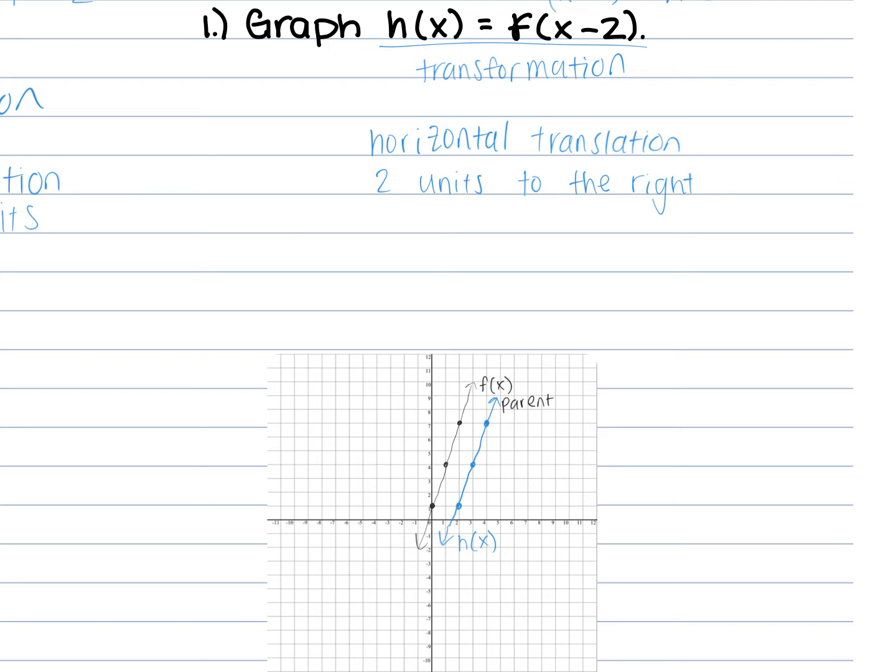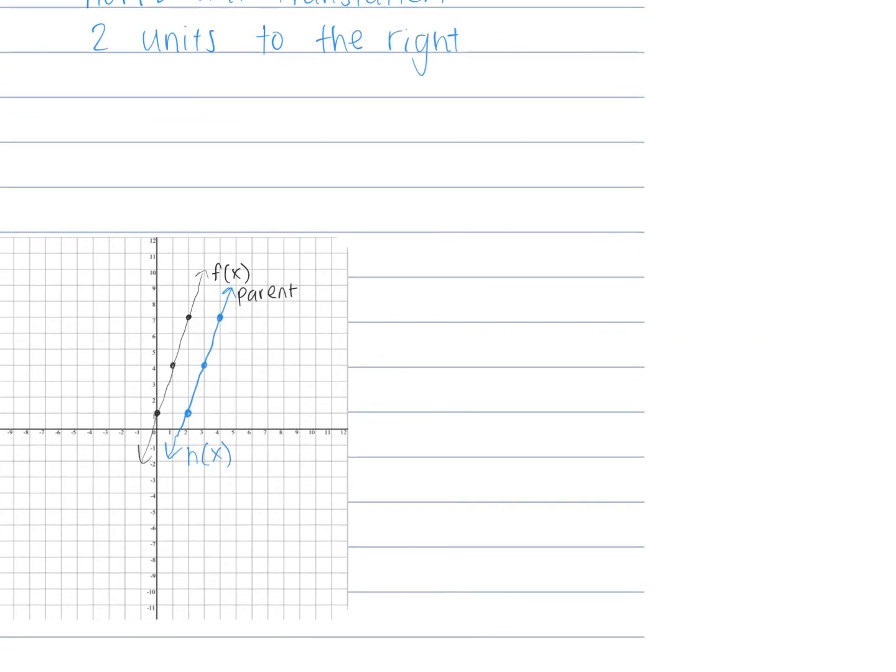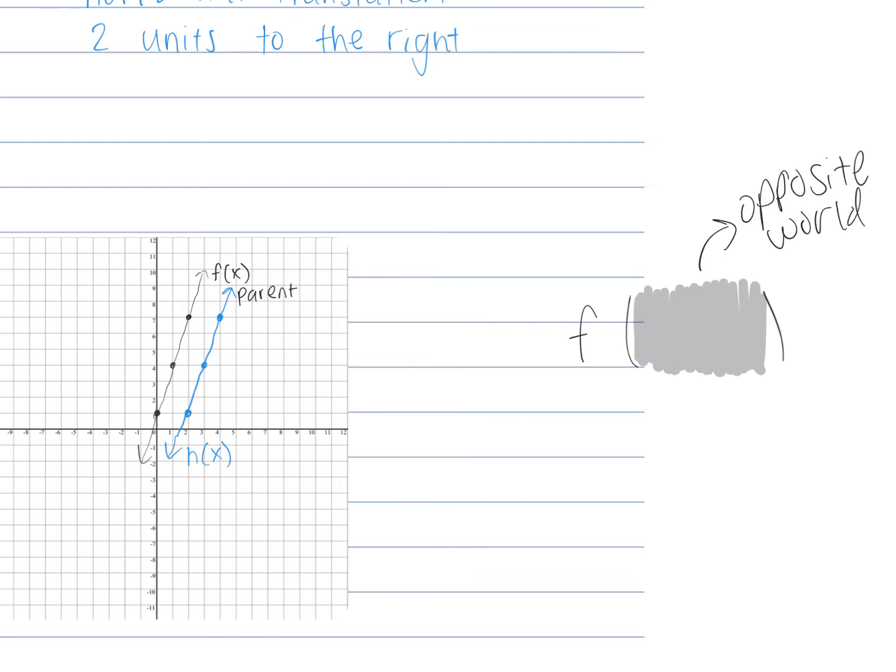Last year, guys, a lot of my students found it very helpful, okay? If you want to write this down: anything inside your parentheses, they called it opposite world. And anything outside the parentheses, so on the left or on the right, they called it the real world.